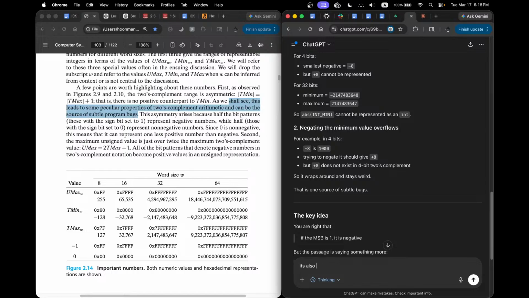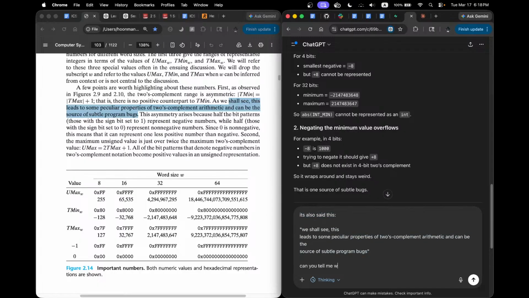It's also said this. Tell me what subtle bug this could be talking about.